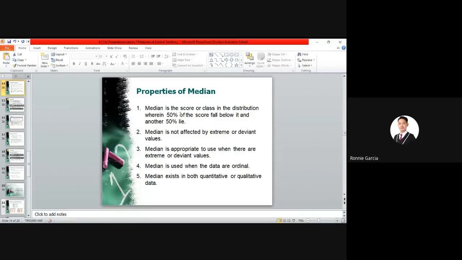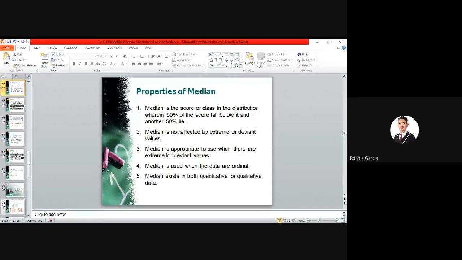So this is a unique property that we do not see in the mean. Because in the mean, we did not arrange, right? We entered all the values and computed it. In the median, arrangement is the first step. So 50% fall below it and 50% are above it. So it is in the middle. So that is one of the characteristics of the median, which is not present in the mean, because there is no arranging in the mean.